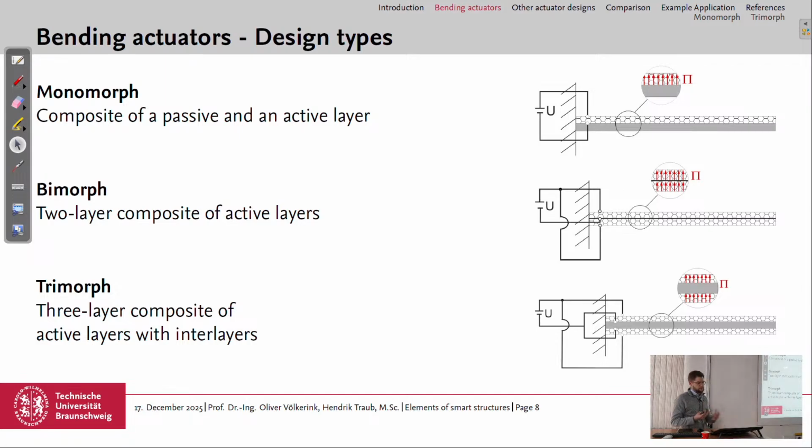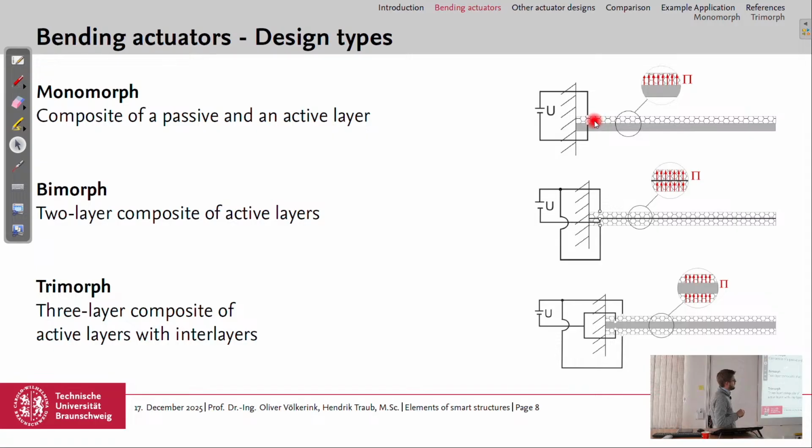The main type of stroke amplification systems are bending actuators. We already had bending actuators with polymer-based functional materials. We can have a monomorph, which is a composite of a passive and an active layer. We have a structural material and an active layer or a functional material on top, field in thickness direction.